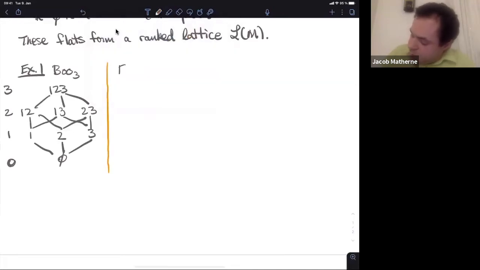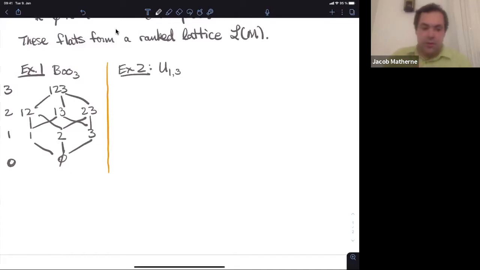Let me do one more example. This next one is called the uniform matroid of rank 3 on 4 elements. The notation's kind of funny here, but I'm trying to match someone else's paper who wrote the first paper on this. So this is rank 3, so uniform of rank 3.